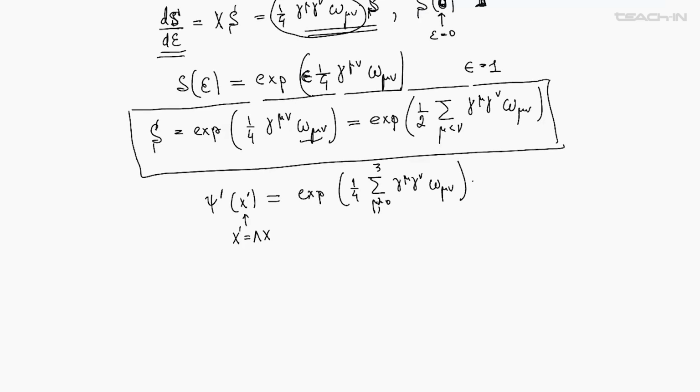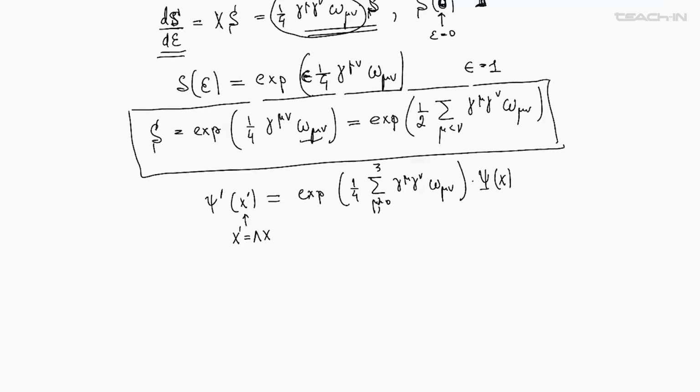So this is how our spinor must transform under Lorentz transformations in order for the wave function psi prime of x prime to satisfy the Dirac equation in the new, transformed Lorentz frame.